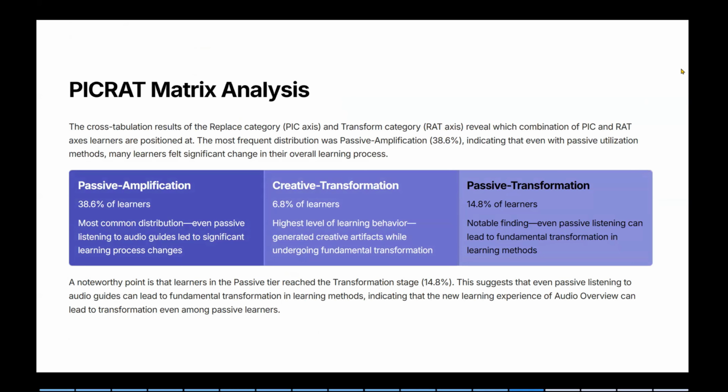An interesting finding: 14.8% of passive learners reached transformation. They only listened to the audio guide, but they experienced fundamental learning change. This shows the power of AI-generated audio contents.